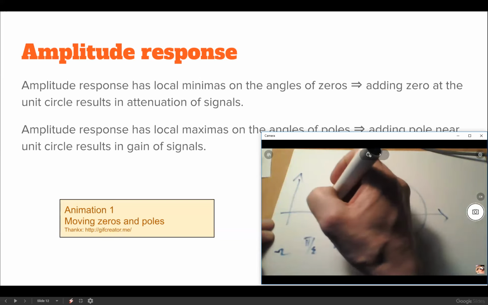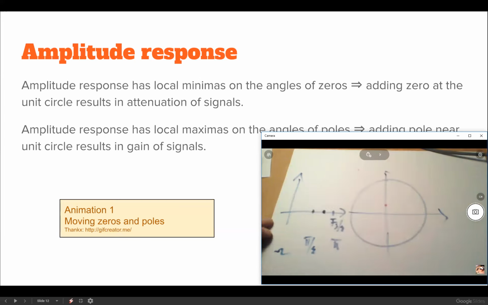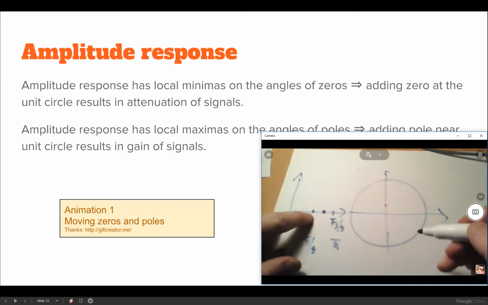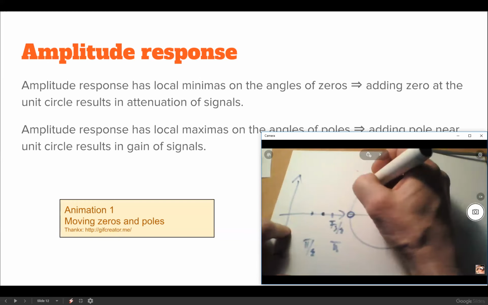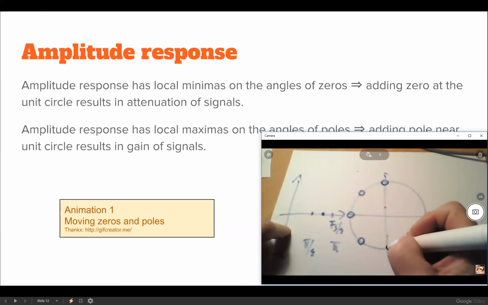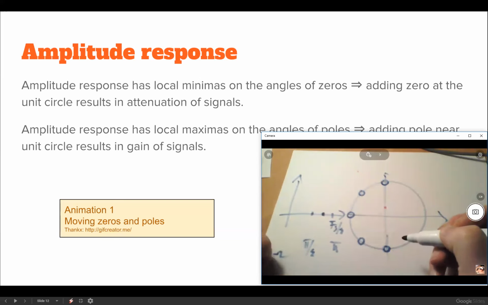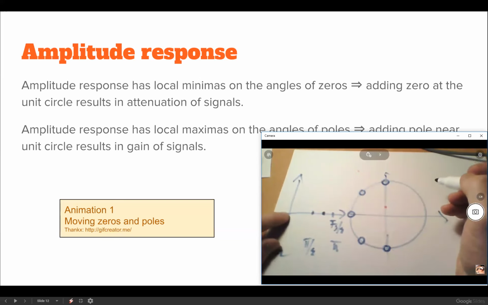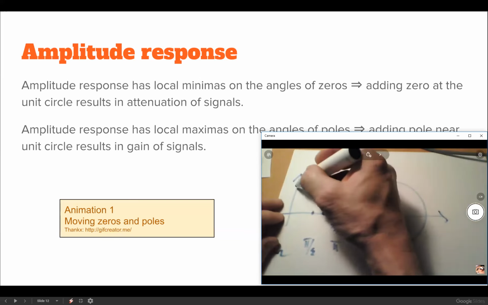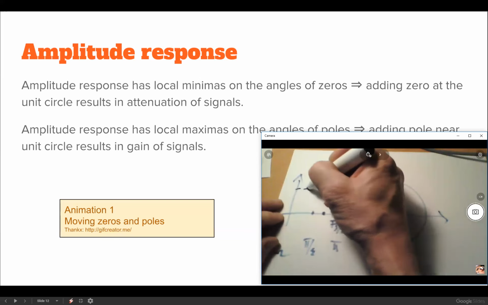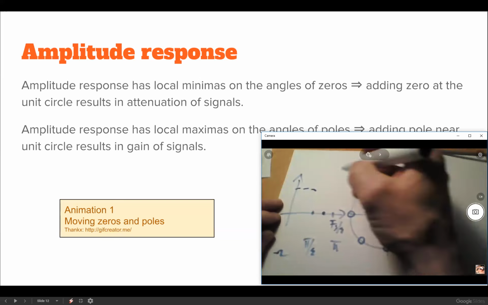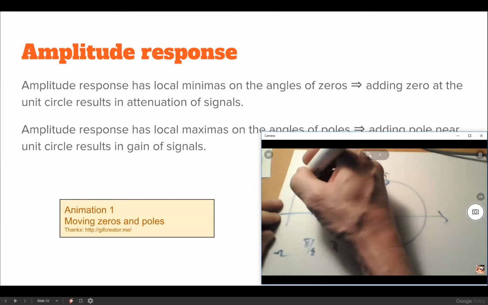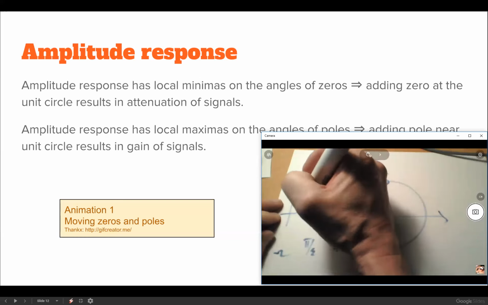So you want the frequency response to go to 0 at those angles. You put zeros at those angles. You have a local minimum there. Then you want to have some local maxima so that you can adjust the gain. So practically local maxima at those angles.